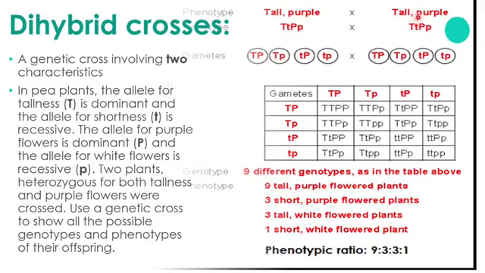So there are two characteristics that we are crossing at the same time. We're not only crossing a tall individual with a tall individual, or a purple with a purple. We're crossing a tall and purple with a tall and purple, and this type of cross we call a dihybrid cross. All right.